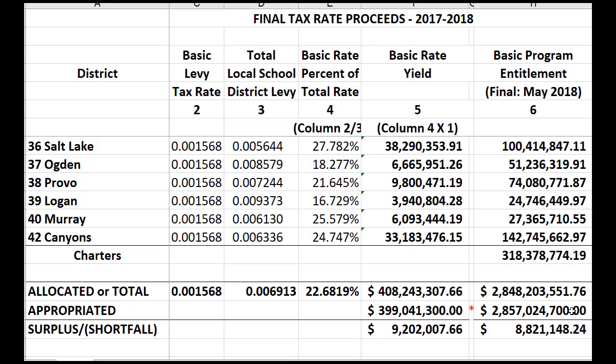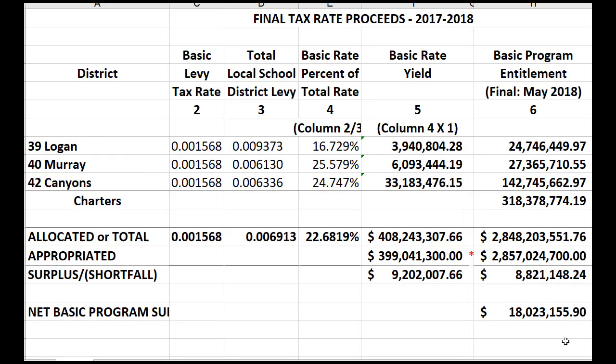The actual cost, when we ran through all the formulas, WPUs and head counts, was $2,848,203,550. This means that the minimum school program has a surplus of funds in the amount of $8,821,148.